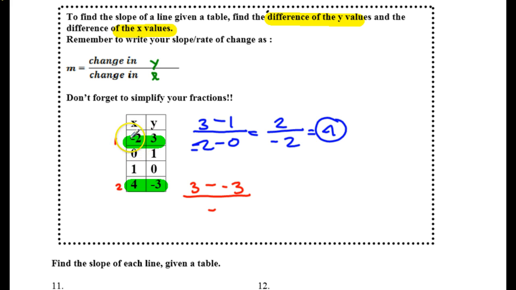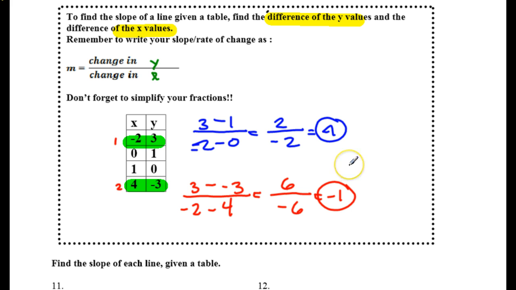Let's do our x's. Negative 2 is the first x minus 4. Let's see what we get here. So 3 minus negative 3, punch that in carefully, you're going to get 6. And then the bottom, negative 2 minus 4, negative 6. Simplify that fraction. Always divide it and see if it's simplified. 6 divided by negative 6, negative 1. So as you can see, it doesn't matter which 2 you pick, it's going to be the same slope.